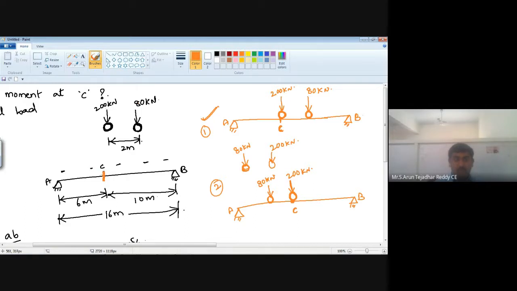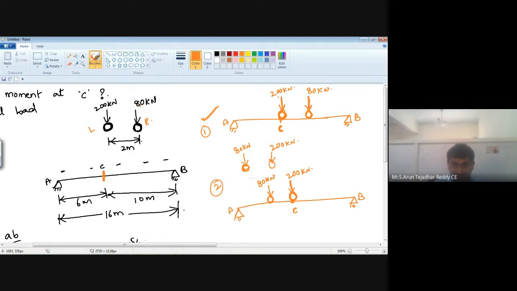So at that point we'll give the maximum wheel load. At that point only we'll give the maximum wheel load. So in this condition, at this point I gave the maximum load, that is 200 kilonewton, but here it is left, it is right. So on the left side it is 200 kilonewton, right side 80 kilonewton. So up to here clear, no problem.